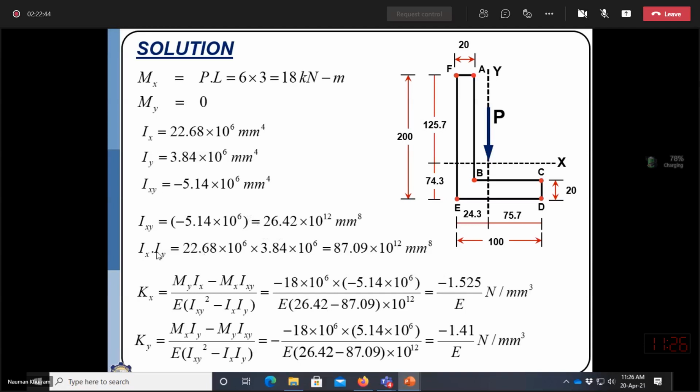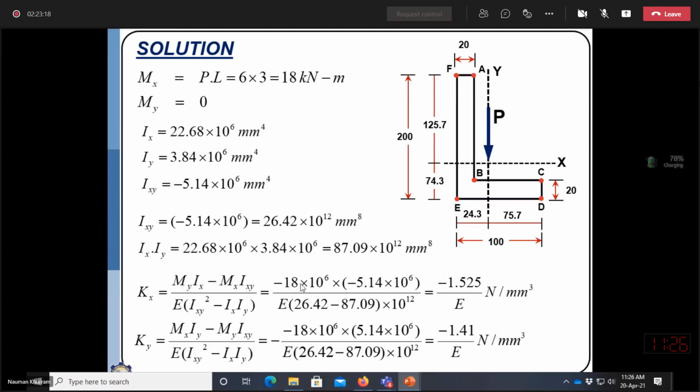Similarly, if we want to determine the product of Ix and Iy, we multiply the moment of inertia about x-axis with the moment of inertia about y-axis. The exponent will be 12 because when two factors are multiplied, their exponents are added. Here My is equal to 0, so this entire factor will be 0.